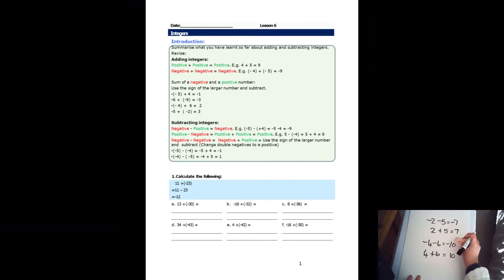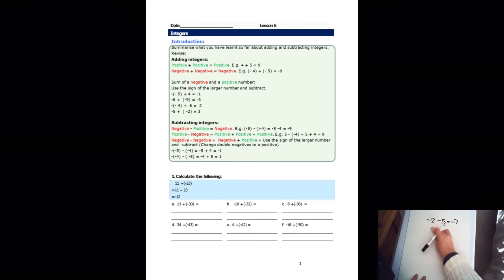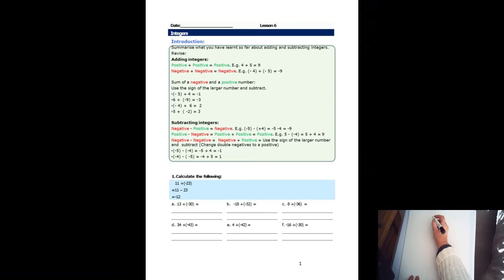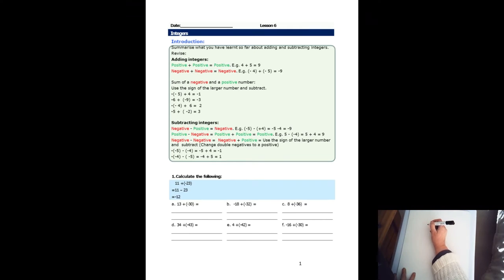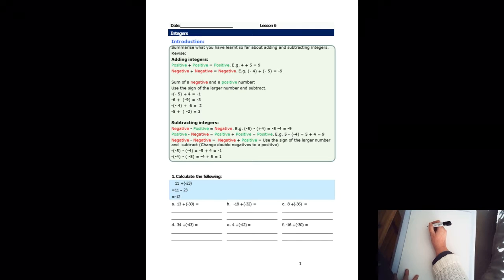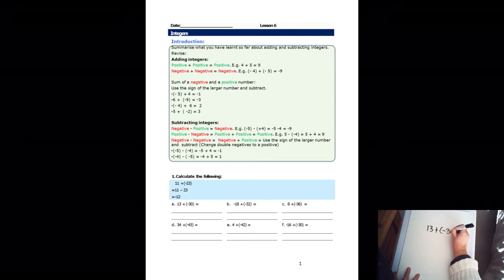Alright. Now, more than likely you are going to get a bracket inside of an integer. Remember that any sum says do brackets first. So for your homework today, you've got 13 plus -30.